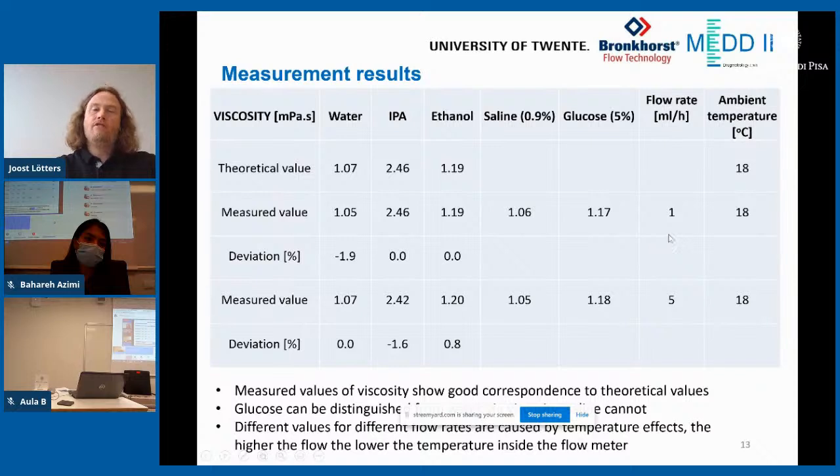The difference for the different flow rates, they are caused by the inside temperature in the flow meter, because at higher flow rates, the temperature inside the instrument is a little bit cooler, and here it's a little bit hotter, and that causes the differences in the measured values.